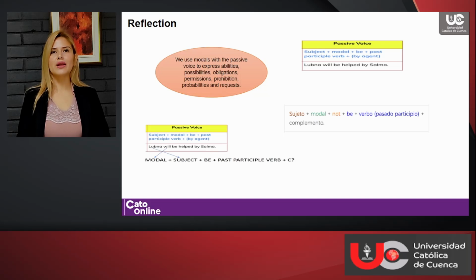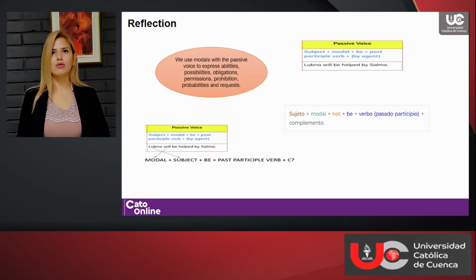Here I have a reflection about what we talked about. Don't forget that we use modals with the passive voice to express abilities, possibilities, obligations, permissions, probabilities, and requests. In the passive voice, we have positive, negative, and interrogative structures.